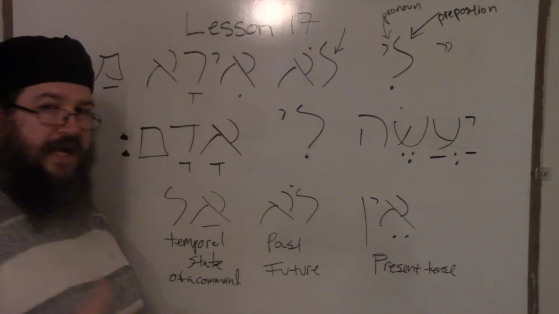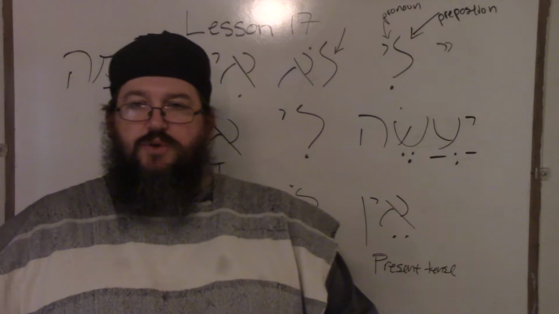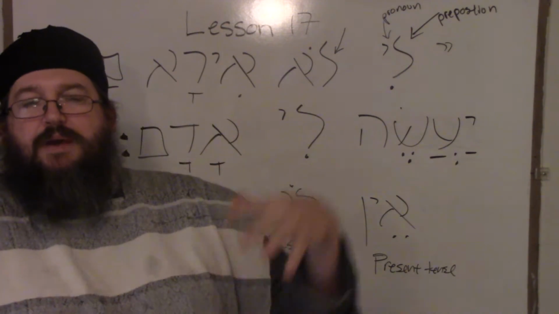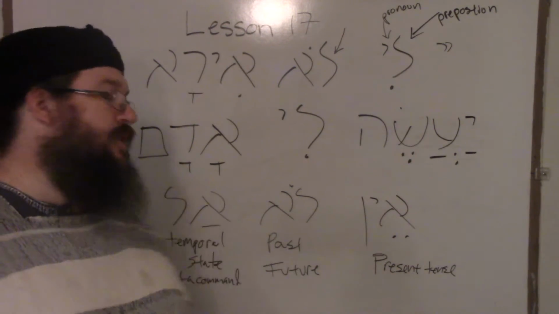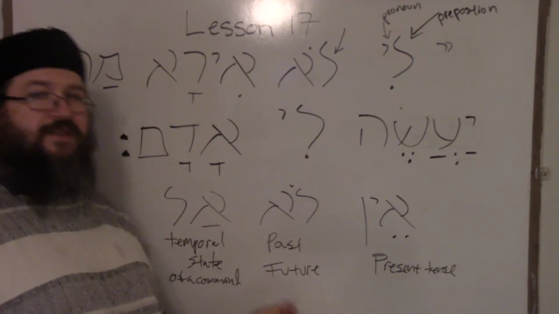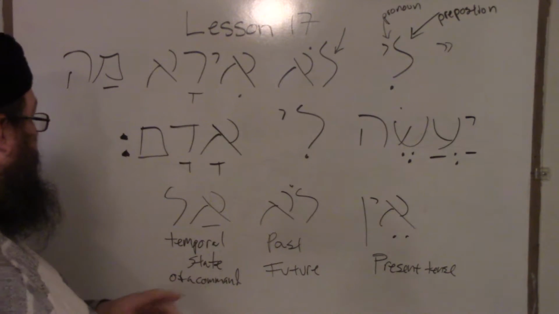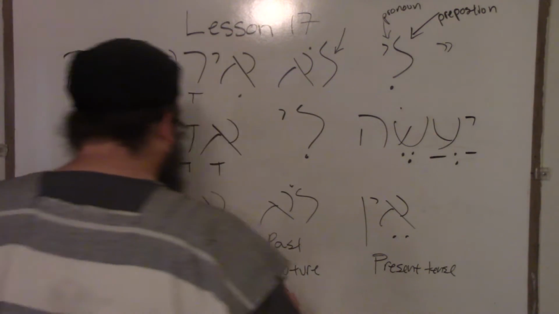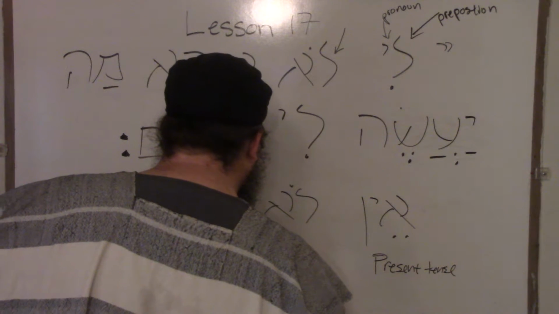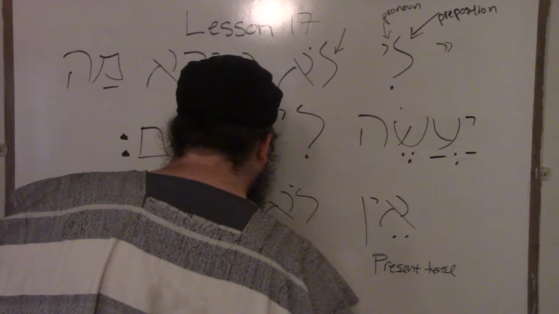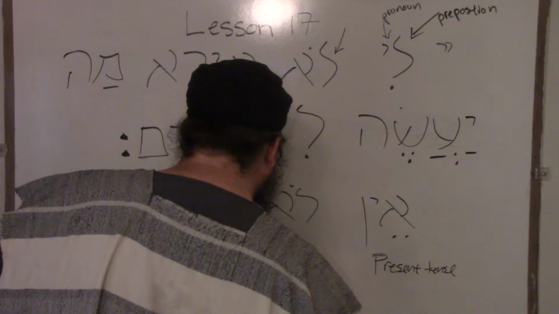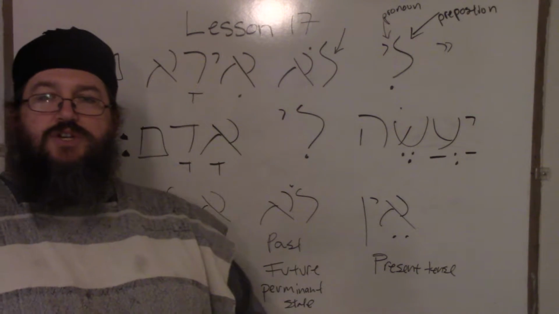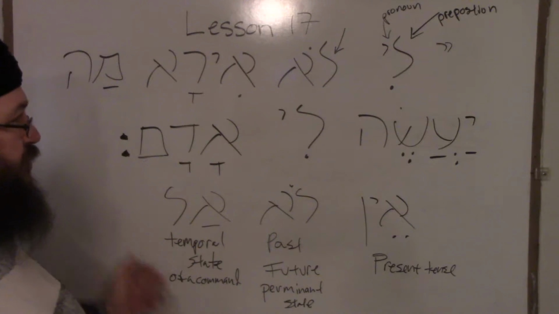You're expressing that you shall not do, but maybe in another circumstance you'll be permitted to do that. Versus lo ta'aseh, which is a permanent state. So the permanent state outweighs the temporal state.